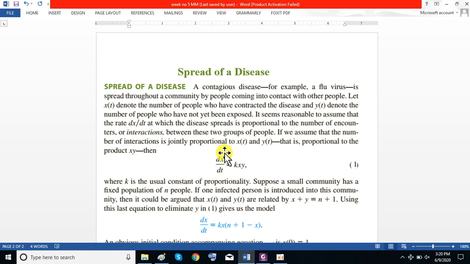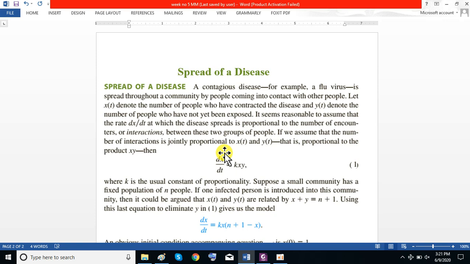So definitely we have mathematical models in which we study the susceptible and infected people, and also a recovered class. But in this model, we just consider the connection between the number of people who have contracted the disease and the number of people in a community.